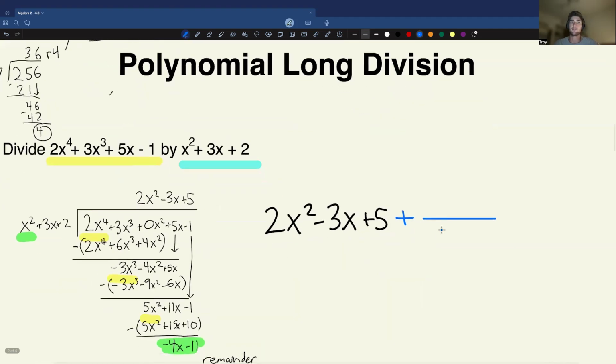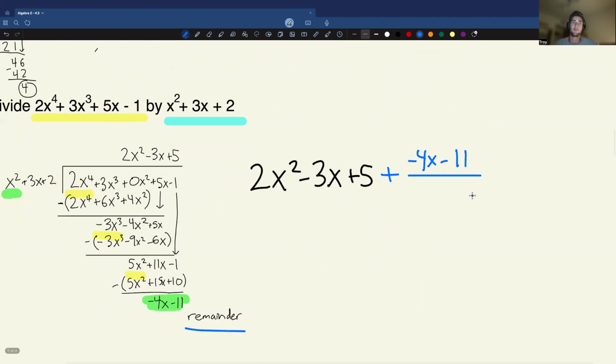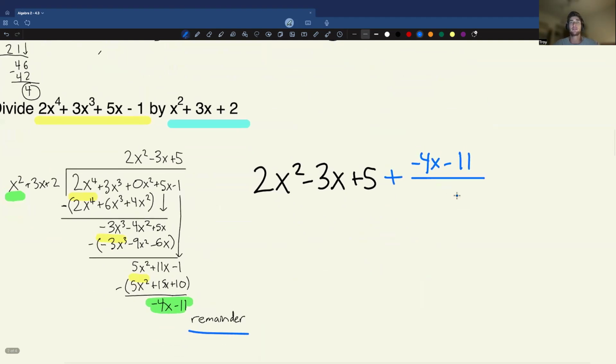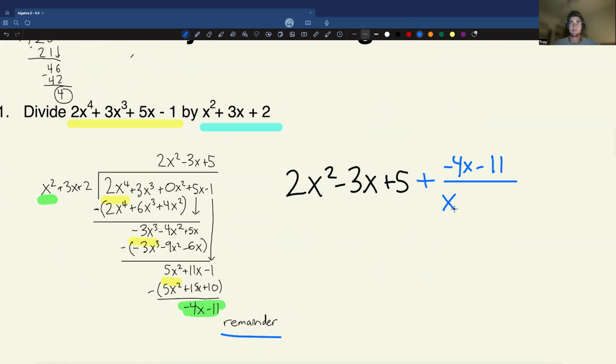So on the top is the remainder. Our remainder was negative 4x minus 11. And on the bottom is the divisor, right? So it was whatever we were dividing by. So x squared plus 3x plus 2.